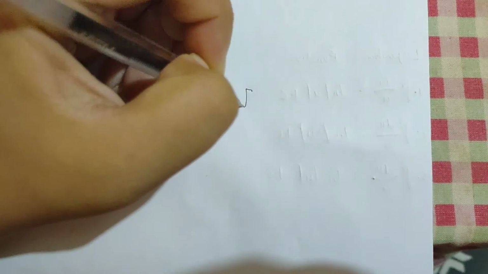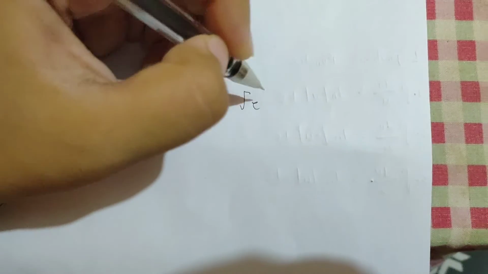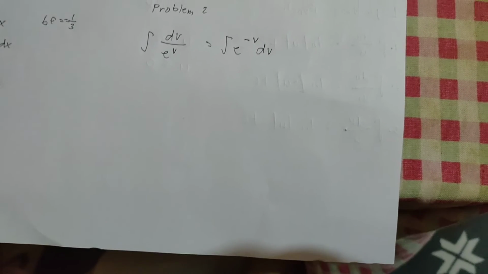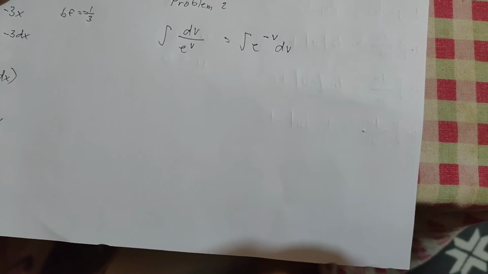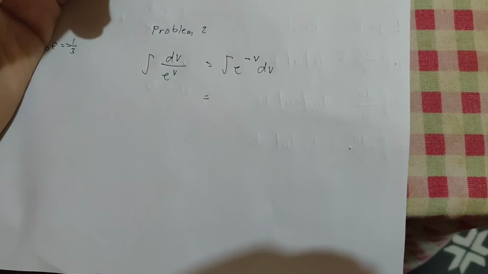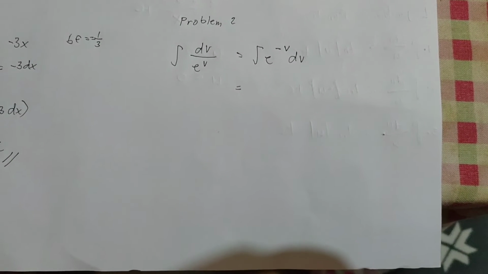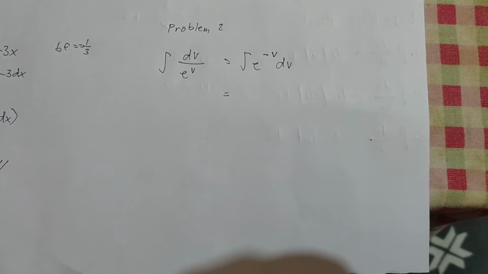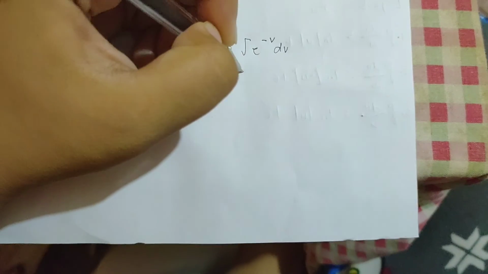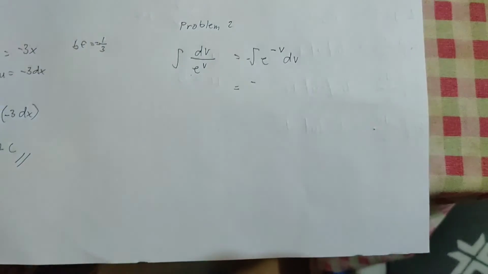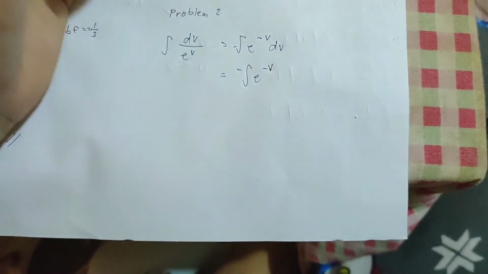So the integral of e to the negative v dv with respect to v. Since there's a negative here, we put the negative outside the integral sign: negative the integral of e raised to negative v dv.